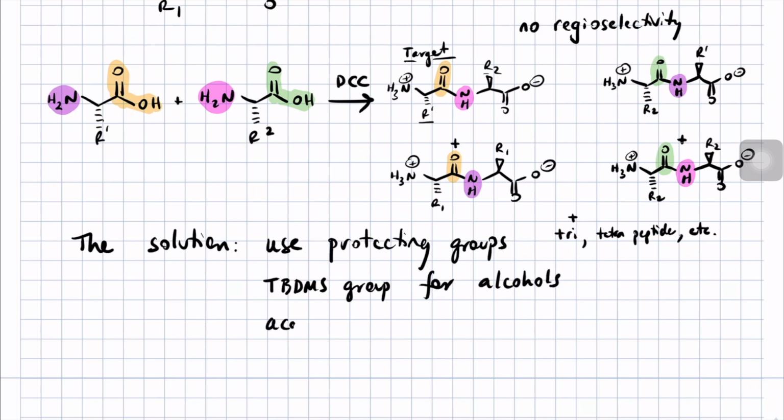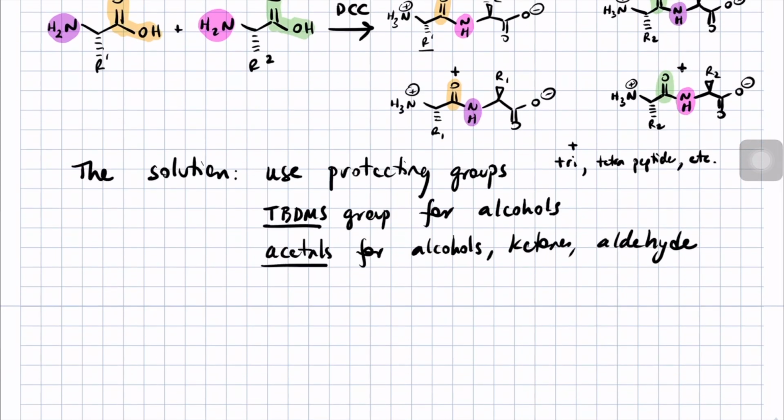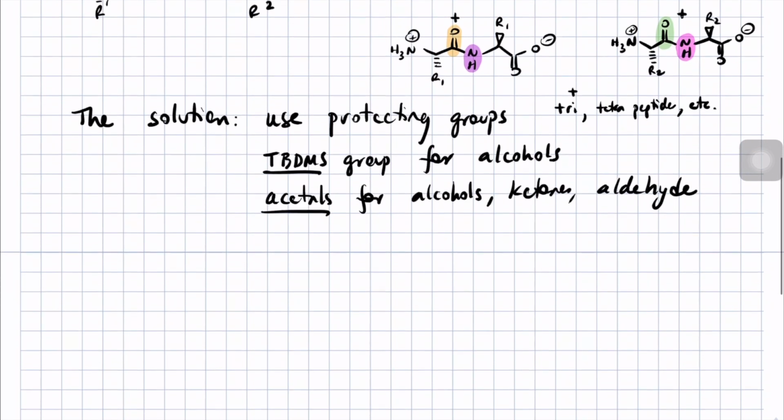We used acetals for either alcohols or ketones or aldehydes, depending on the situation. And I think those are the two protecting groups we've encountered so far.